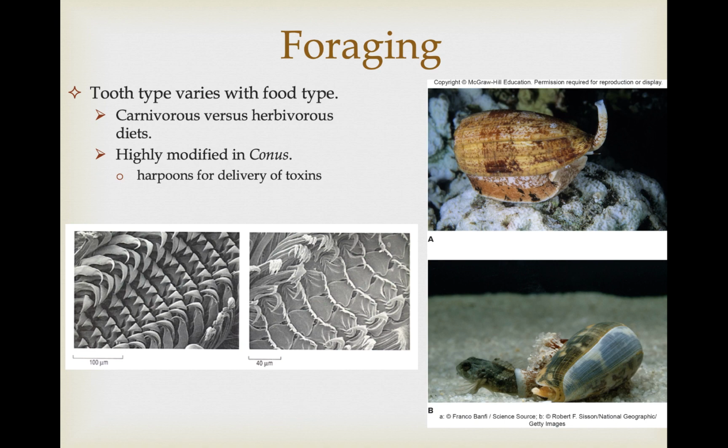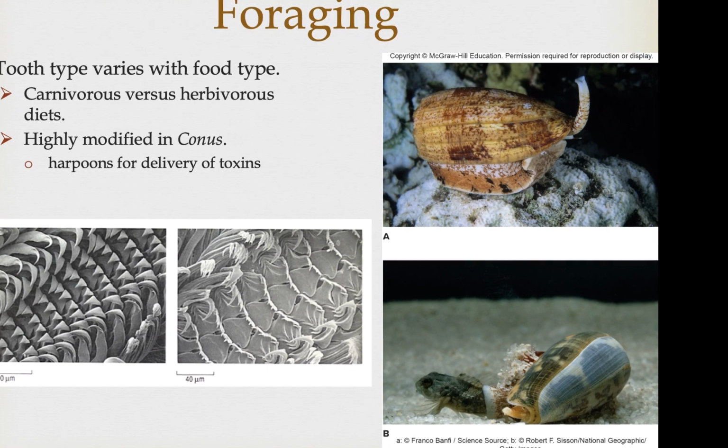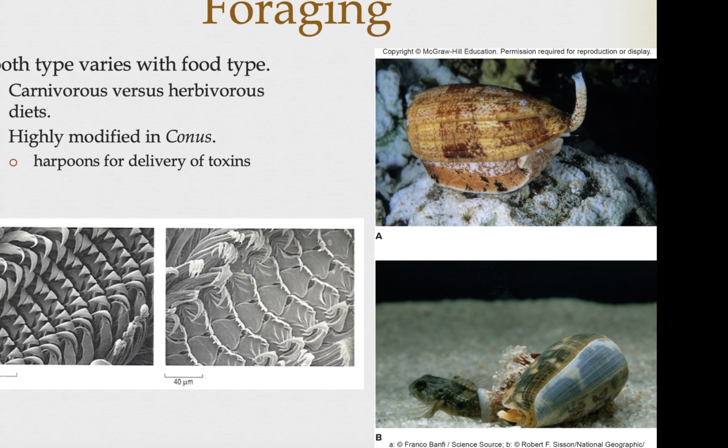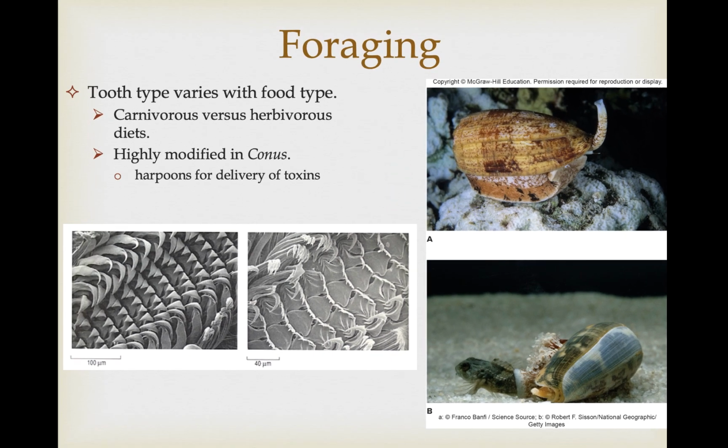These are gastropods that produce these harpoons that can be ejected into larger prey, like large fish, and deliver a toxin to immobilize that prey, where they then can move that prey into their mouth, like you can see down here on the bottom right.